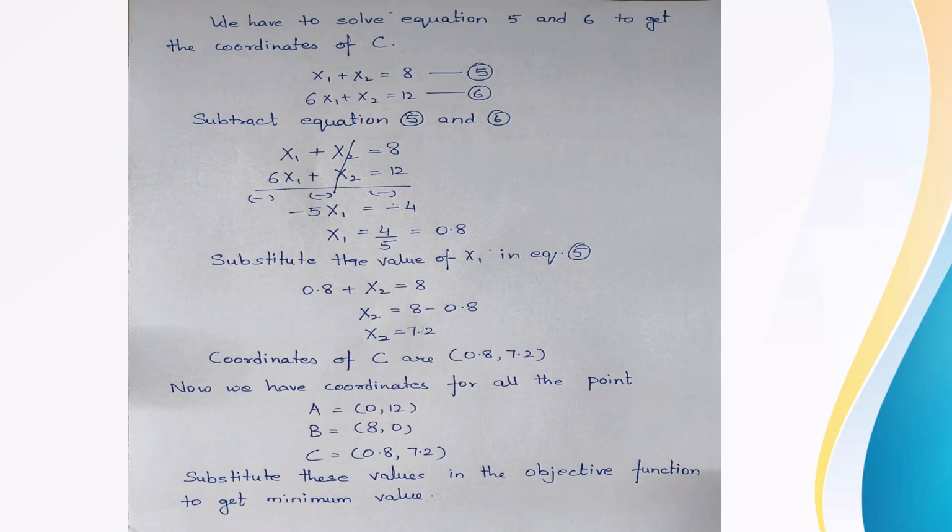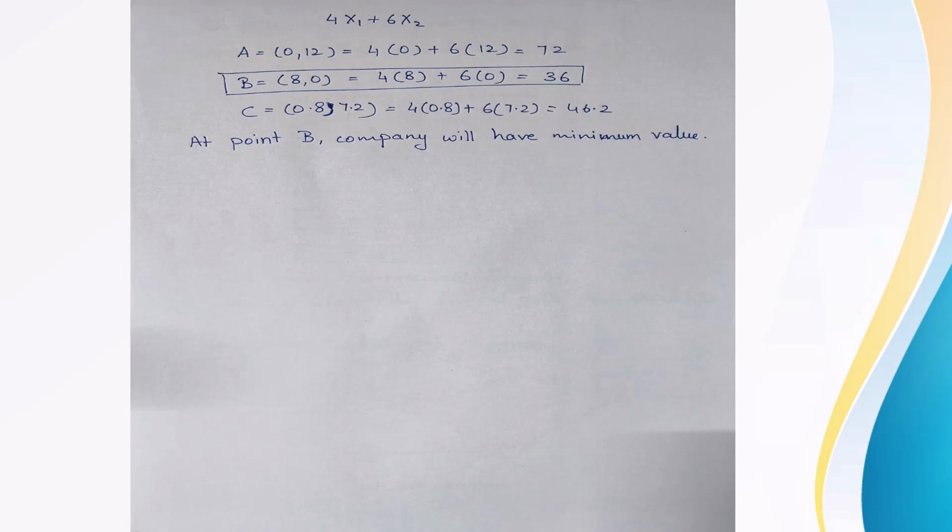Now we substitute these values in our objective function to get the minimum value. The objective function given in our question was 4x1 + 6x2. So we substitute the value of each coordinate in this equation. For A (0, 12): 4 into 0 plus 6 into 12 gives the value of 72.